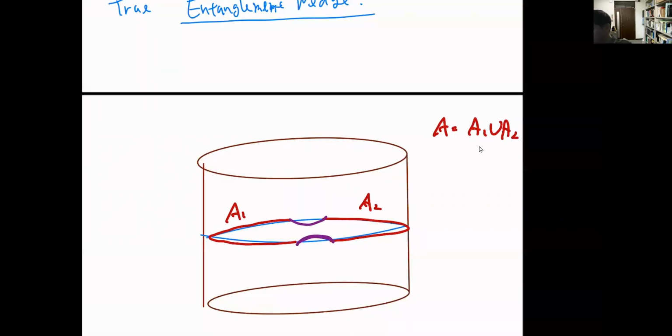If we talk about the minimal surface, the entanglement wedge, MA, is like this. It's highly non-trivial.